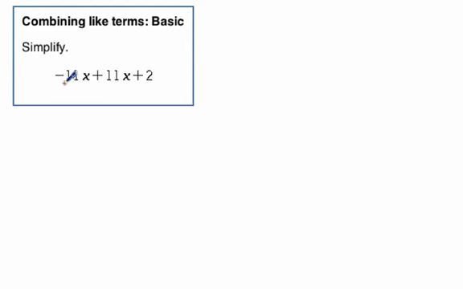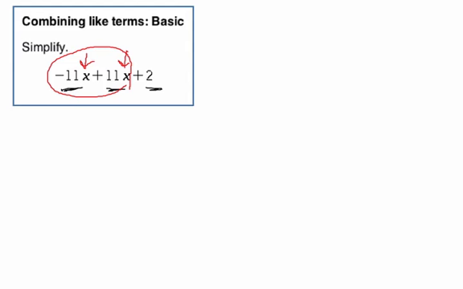Here's another example. Sometimes there's more than one term. That's okay. We just have to figure out which ones match. We can see we've got an x term here and an x term here. So those two go together. They're like terms, but the 2 doesn't, so it's left on its own. We don't ignore it.